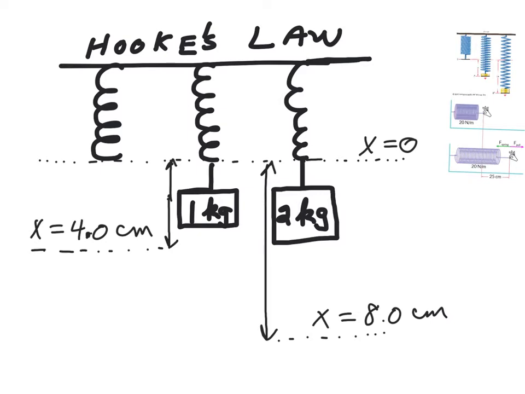And so the stretch for most springs, as long as you don't stretch them too far, the stretch will be directly proportional to the force you applied. And the equation that describes that is Hooke's law.